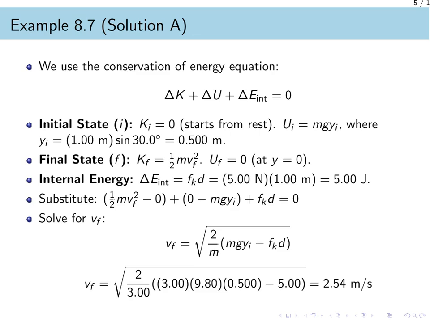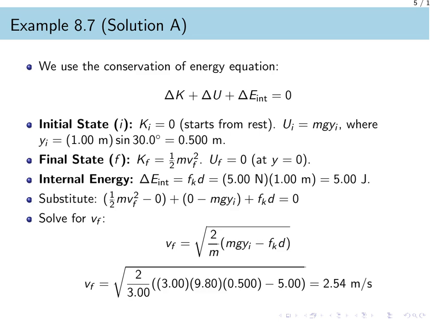In the final state at the bottom, the kinetic energy, K final, is 1/2 m v final squared, and we set the potential energy, U final, to 0. The change in internal energy, delta E internal, is the friction force times the distance, or 5.00 newtons times 1.00 meter, which equals 5.00 joules.